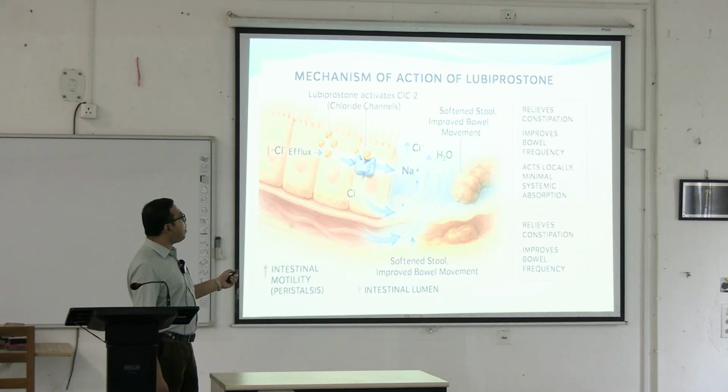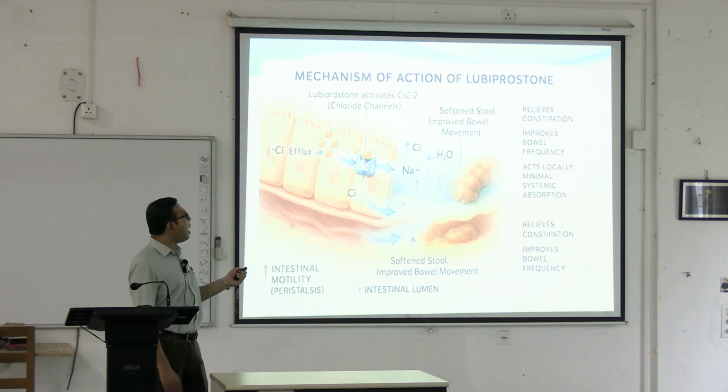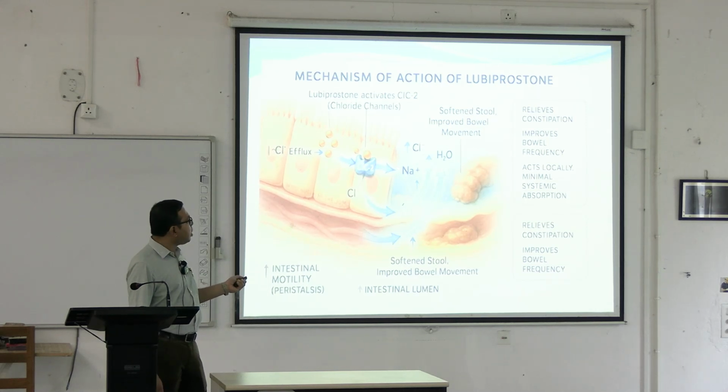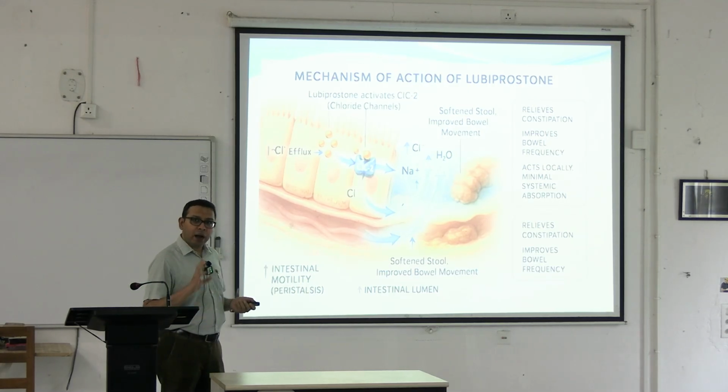Lubiprostone mainly activates the chloride channels present on the intestinal walls, known as ClC-2. When lubiprostone is given, it attaches with the ClC-2 channels. Ultimately that leads to more sodium and chloride release, and the sodium and chloride lead to more absorption of water within the gut lumen.